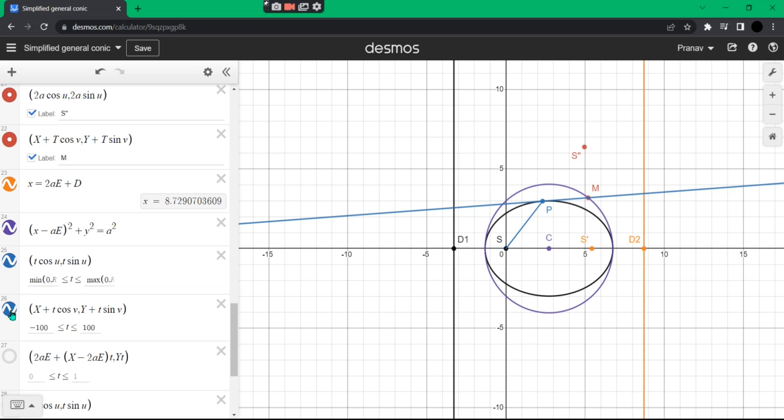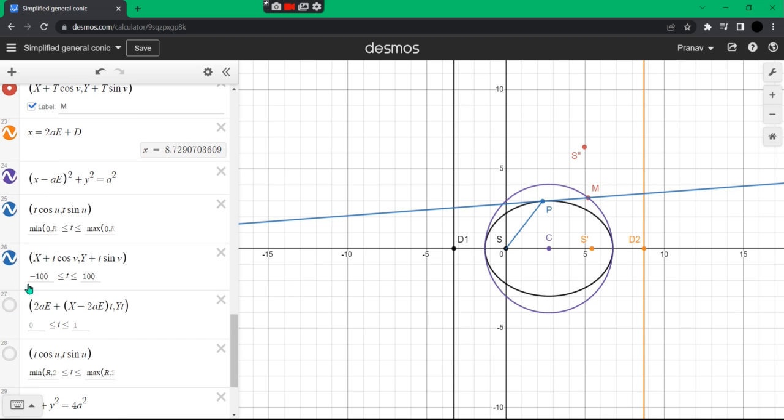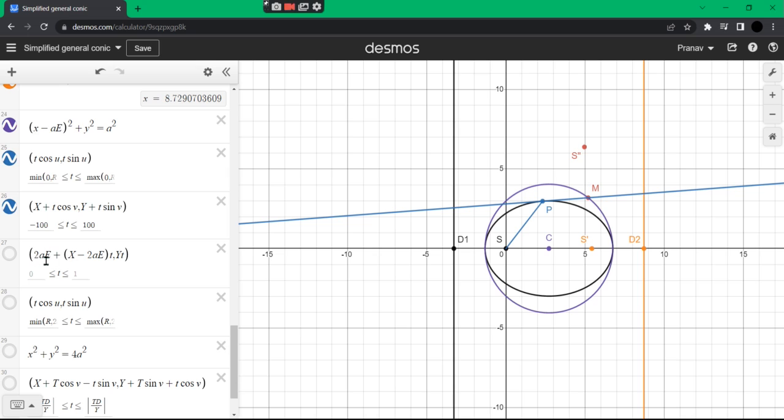And then this thing is the tangent. So x comma y is this point, and a parameterized vector added to this point gives us the coordinates of any point lying on this line. It's from negative 100 to 100. You can put anything you want.